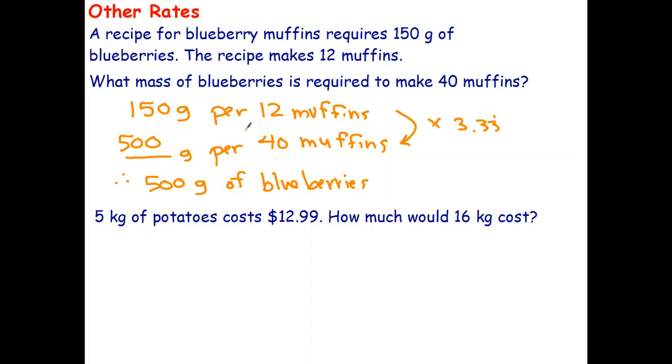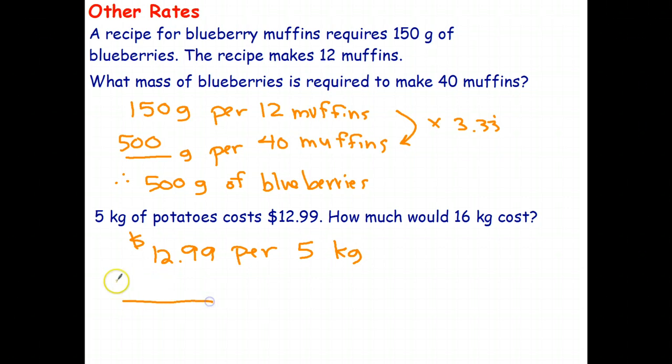Okay, let's see how you went. Well, once again, we're going to write it in this format. So it's 5 kilograms. Nope, I'm going to go the other way around, sorry. $12.99 per 5 kilograms.